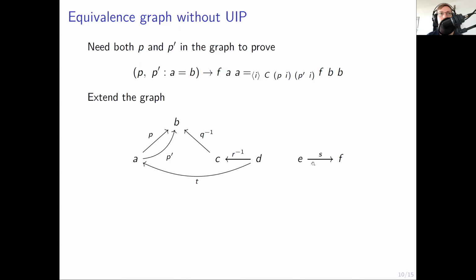So we need to be able to insert these edges as well. This also means that now when we construct the proofs, there might be more than one way to connect a term to its representative term.